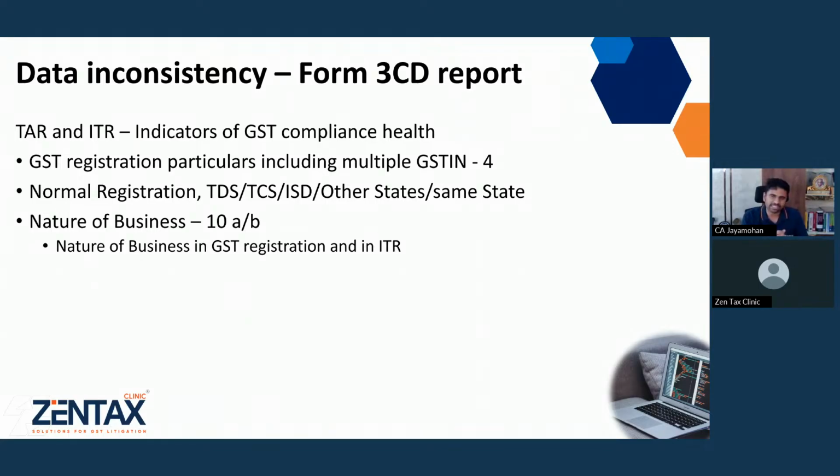Each of the registrations, the particulars of the registrations, you have to list out under clause 4 of Form 3CD. If you have registrations which are particularly taken for deducting tax at source under GST or collecting tax at source for an e-commerce operator or for other purposes, or you have an ISD registration.